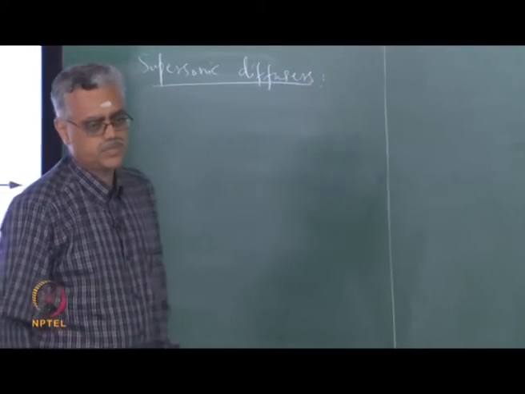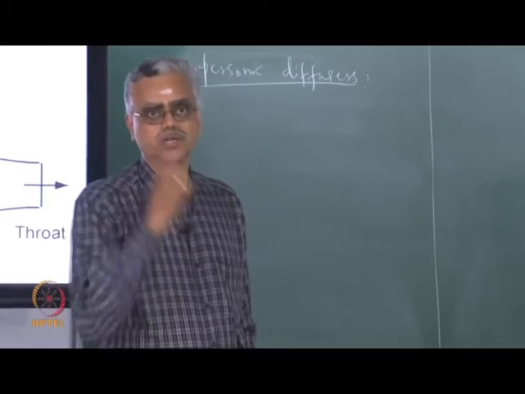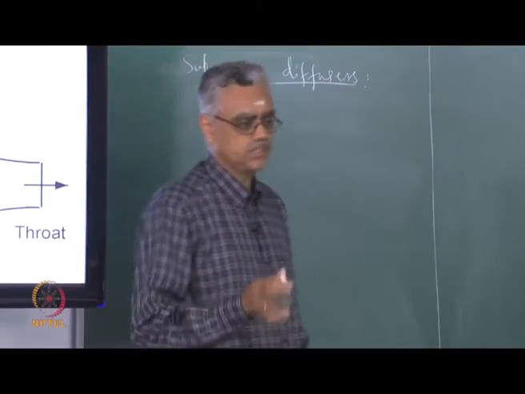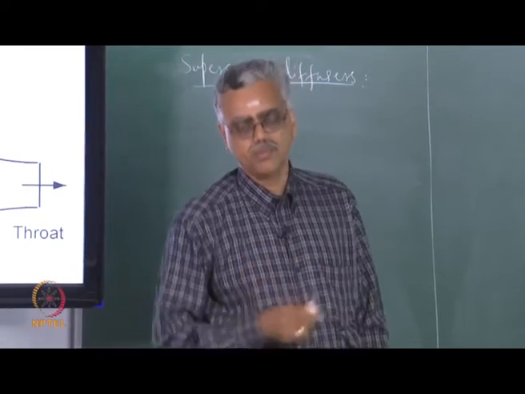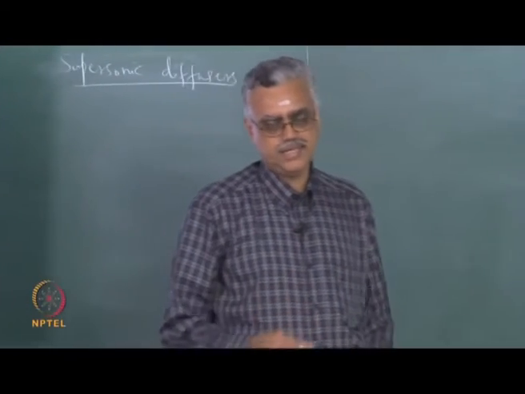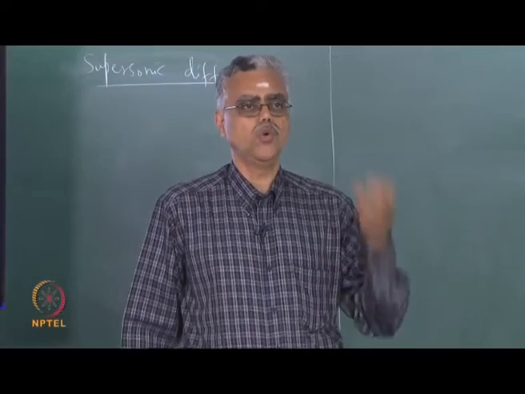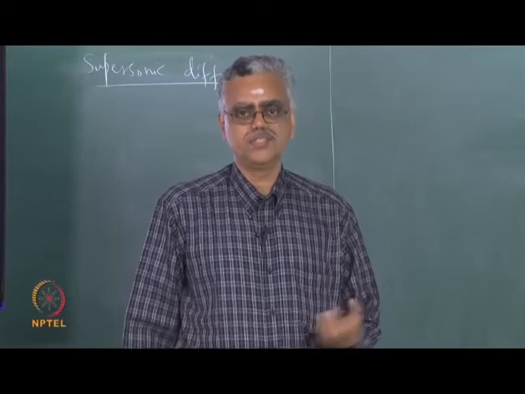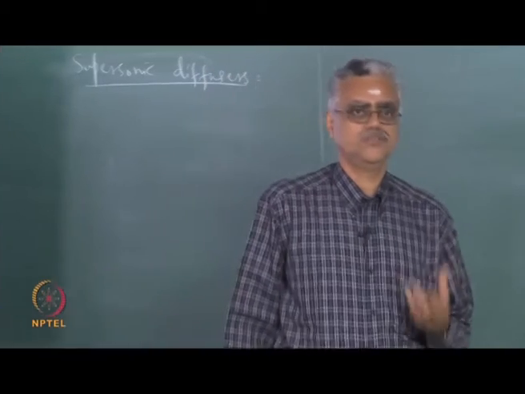The presence of the normal shock during the startup operation of a convergent divergent nozzle poses lots of problems during operation. If you remember, we said that unless the P0 over P ambient is more than 3, we would prefer to have a convergent nozzle and still live with the loss of thrust.